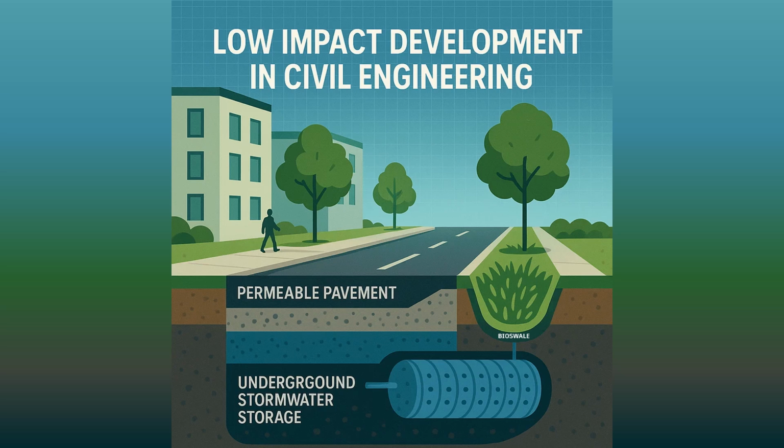Those are all strategies aimed at trying to mimic some of that natural water absorption and slowing down process within developed areas, trying to lower that effective C value, essentially. We won't dive deep into those solutions today, but seeing this calculation makes it really clear why people are looking for those alternatives. Definitely. The core point here is just how profoundly changing the ground cover, even on a seemingly small scale, redirects the path of water.